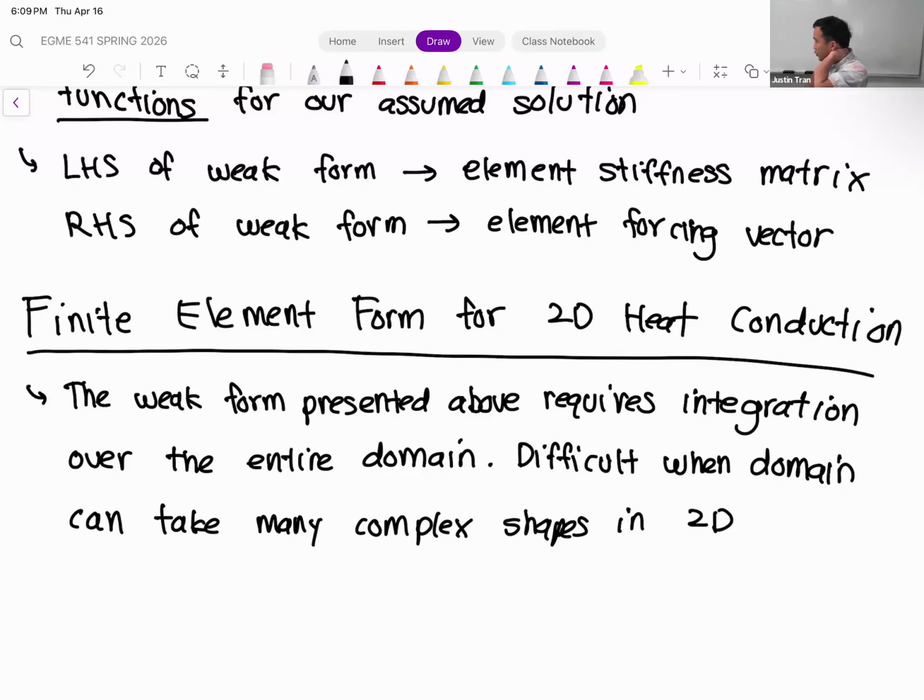All right, and so the solution to this is to basically break up our domain. In other words, we're going to apply a mesh to our domain to break it up into lots of tiny, tiny elements.